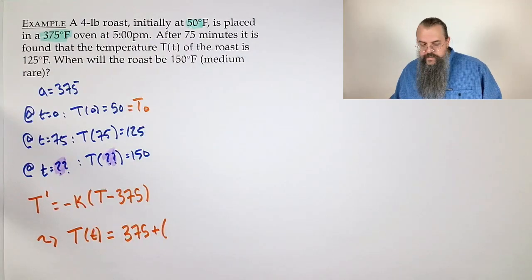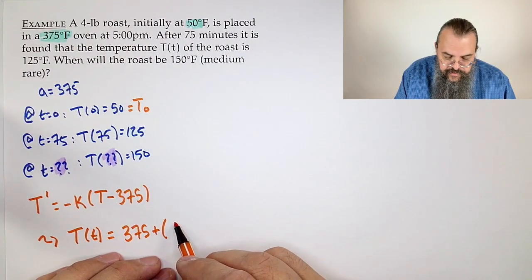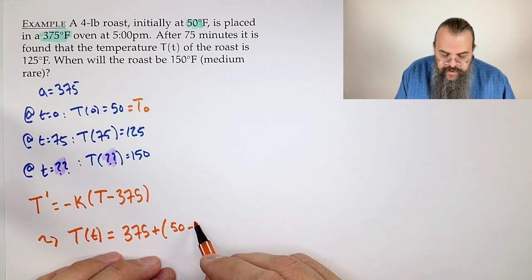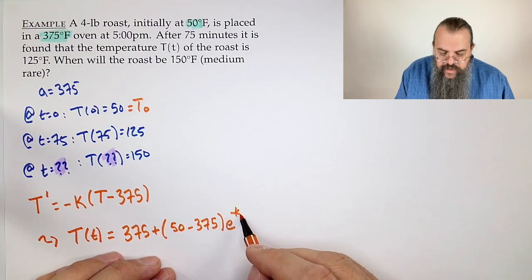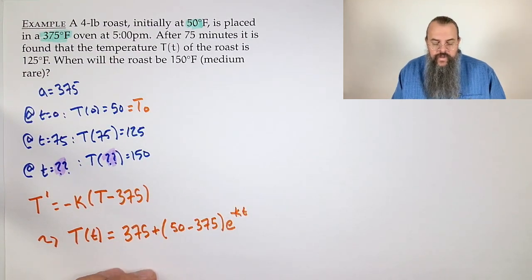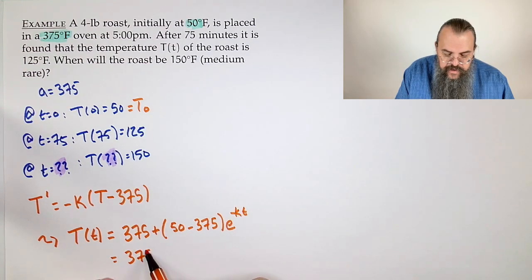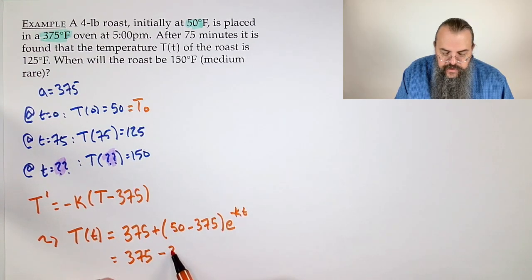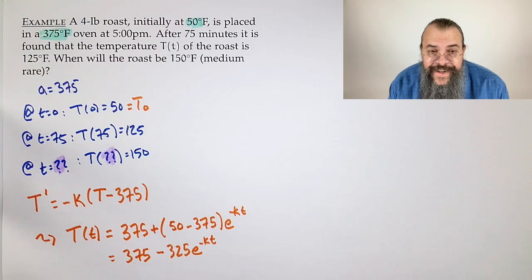So that's 375 plus 50 minus 375, e to the minus kt. That's really 375 minus 325 e to the minus kt.